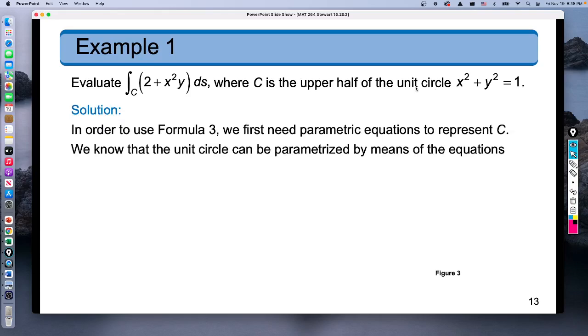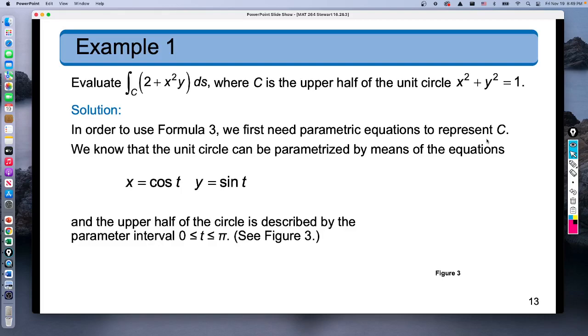So we can make the parameter x equal cosine t and y equal sine t, so that this works for getting something on the unit circle.